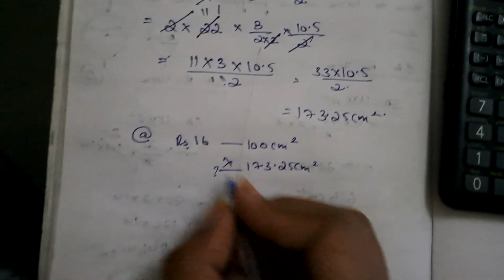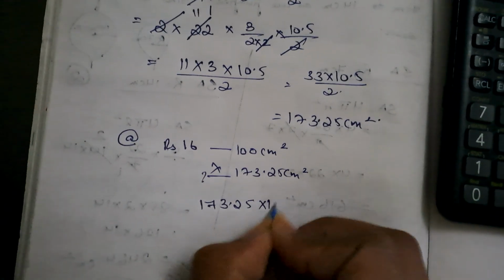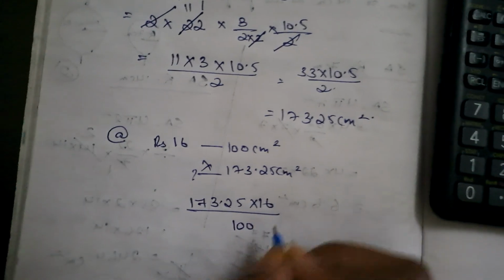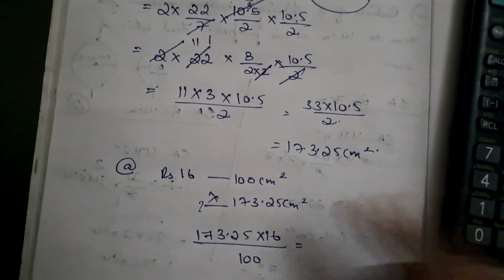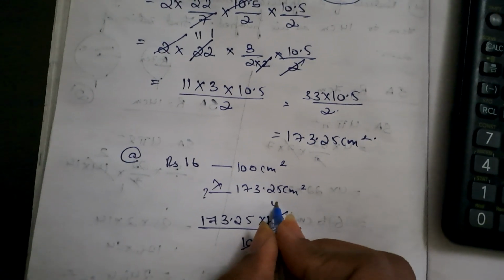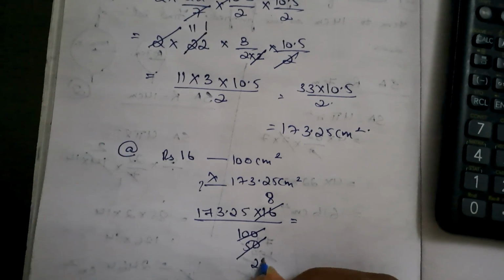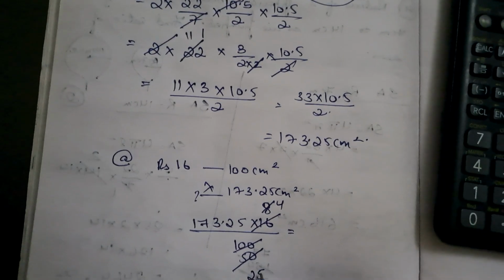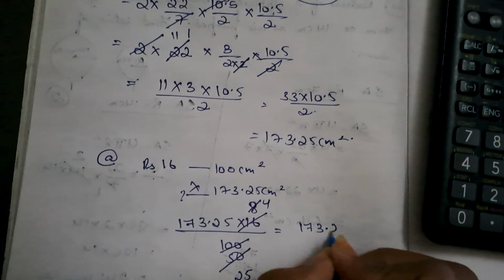So we are going to just cross multiply it. When we cross multiply it, 173.25 times 16 by 100 is what we are going to get. 50 times it goes, and then 8 times it goes, or you can go 25 times and then 4 times, and then you can start reducing it.